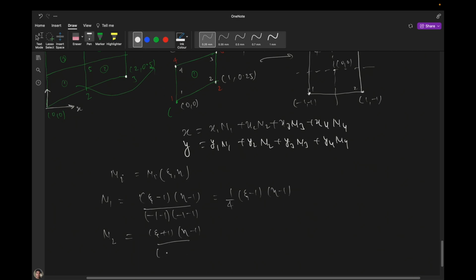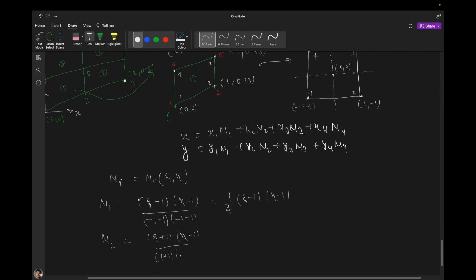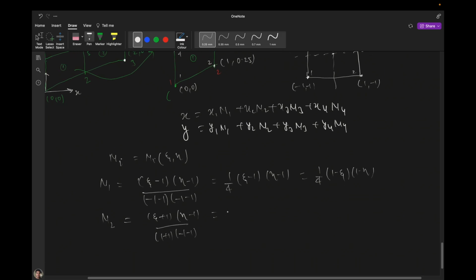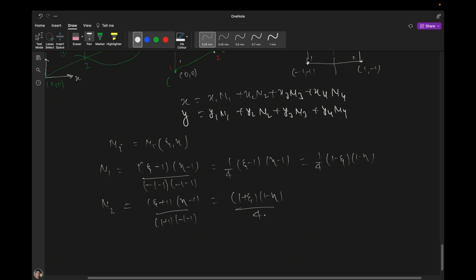So it will be 1 plus 1, and here it will be minus 1 minus 1. Here we can also write like this, 1 minus xi and 1 minus eta. So here it will be (1 plus xi)(1 minus eta) divided by 4.